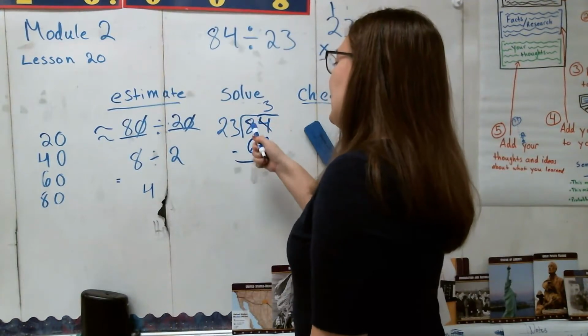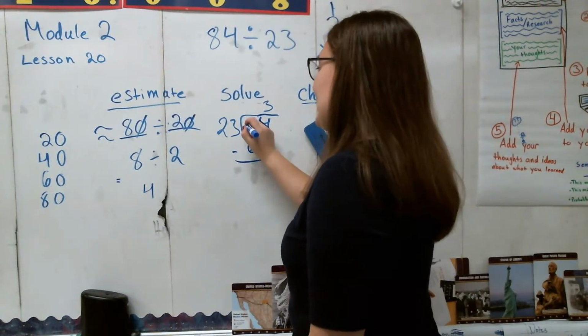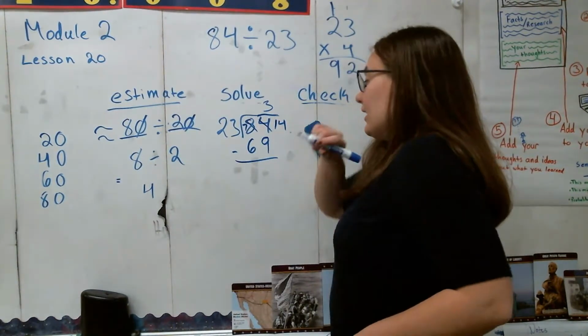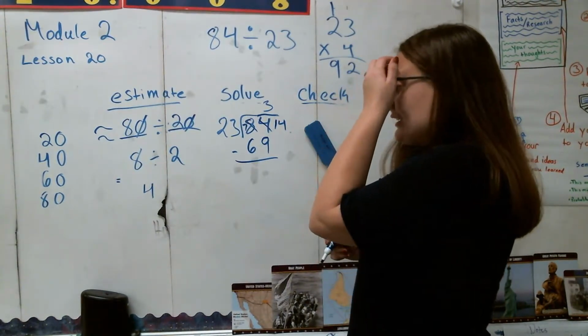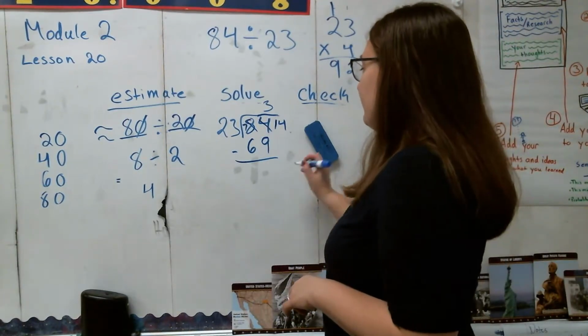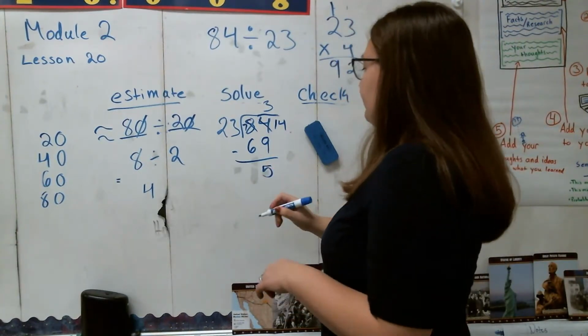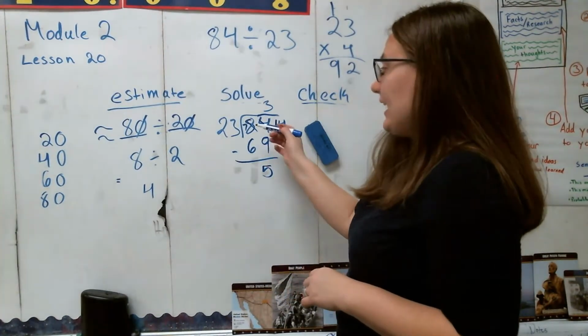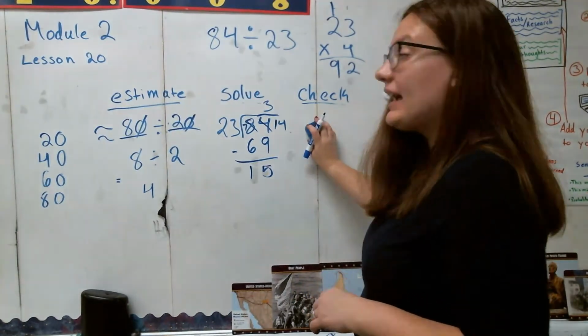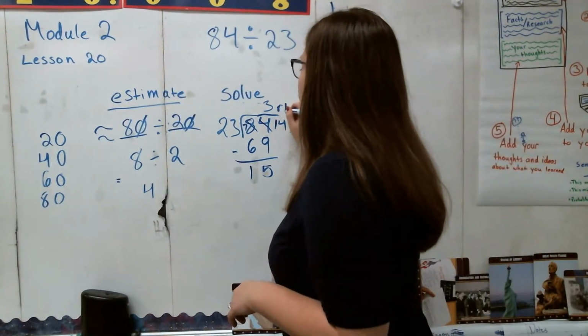So I make this 8 a 7 instead, and this 4 a 14. Then I do 14 minus 9, which will give me 5. And then after that, I will do 7 minus 6, which gives me 1. So I get an answer of 3 remainder 15.